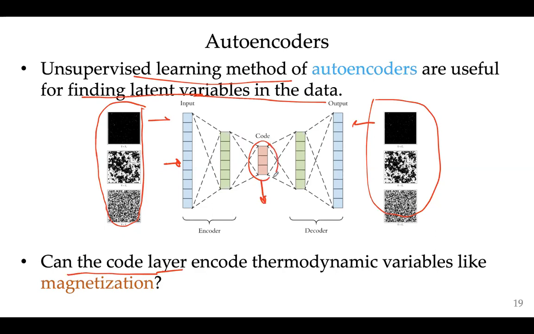So the question is, can this compressed information correspond to certain latent variables in the system?